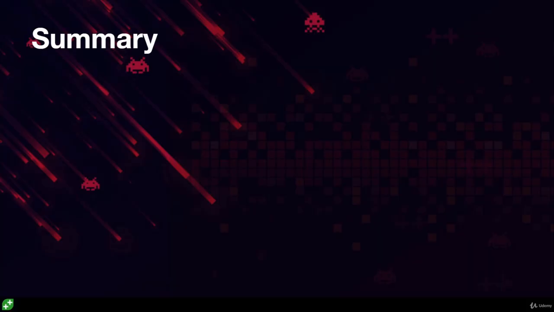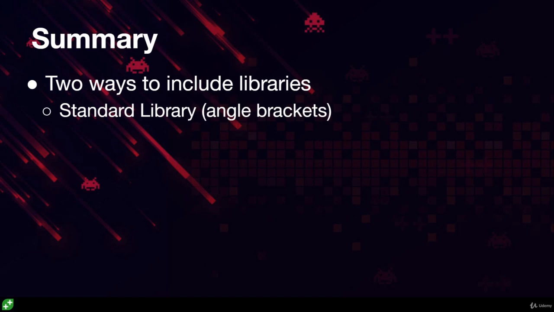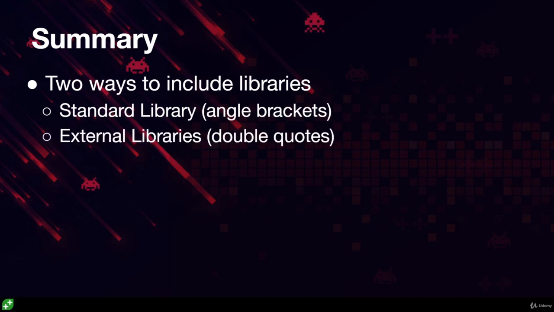Okay, so to summarize, we learned that there are two ways to include libraries. We have libraries that belong to the standard library, which come built into the language, and these are included with angle brackets. And we learned that there are external libraries. These don't come built into the language, and these have to be included with double quotes.